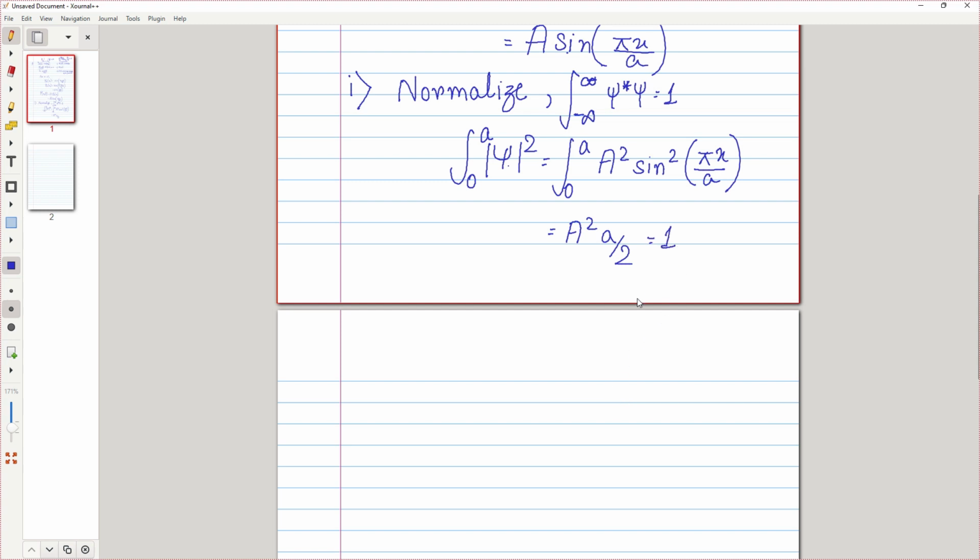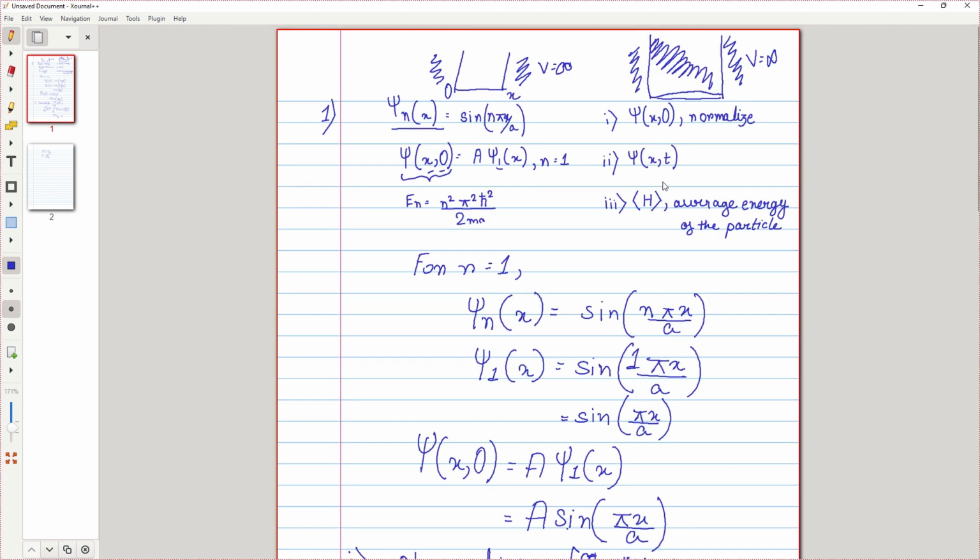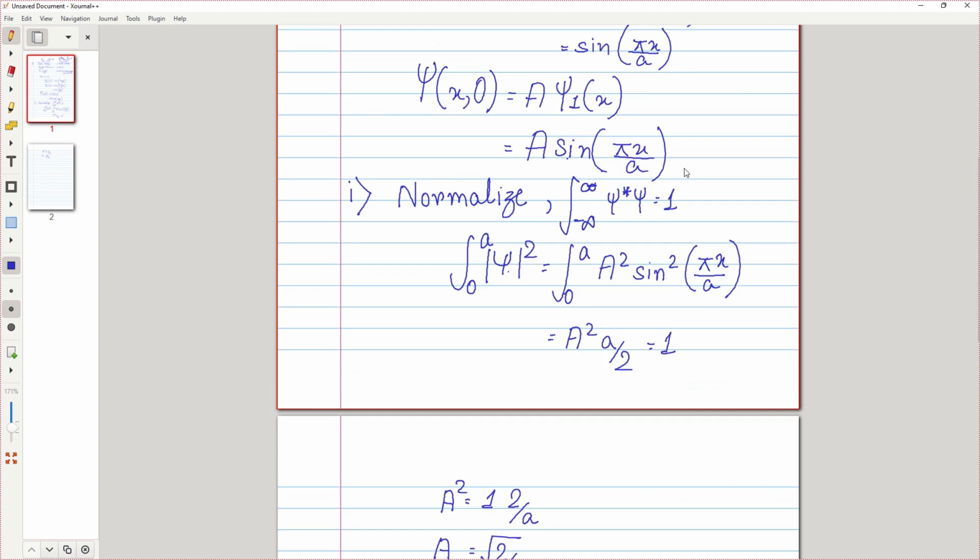So from here we can find 1 is equal to A square times a by 2, which comes out to A is root 2 by a. We normalize this function to find out A, because we need to prepare for the next one. We need to find this with time dependence, so it depends on time also.